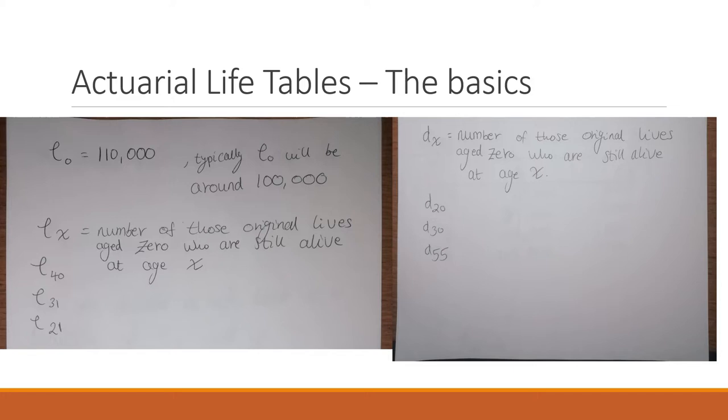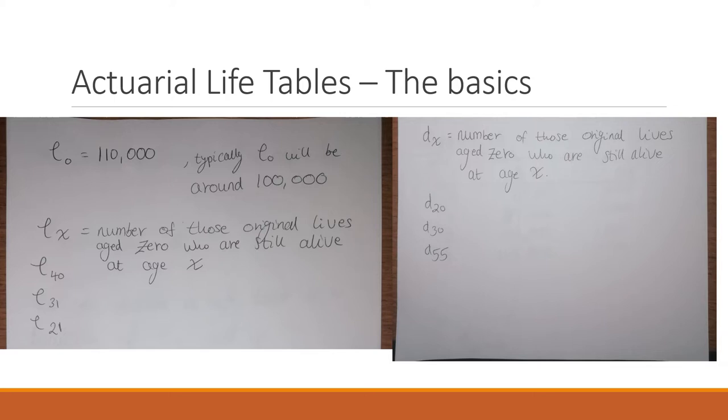As you can see here on the left-hand side, I've got L0, which equals 110,000, and that is 110,000 lives in our life table. Typically L0 will start around the 100,000 mark, but for this video I've just gone with 110,000.